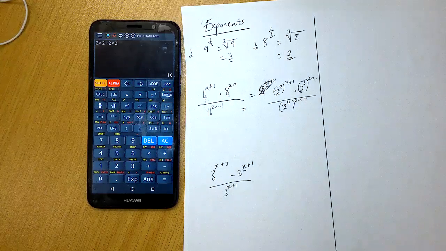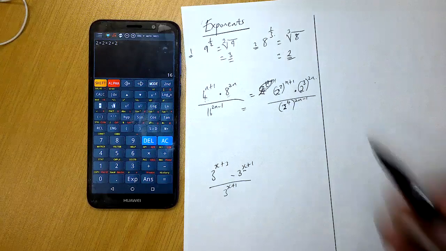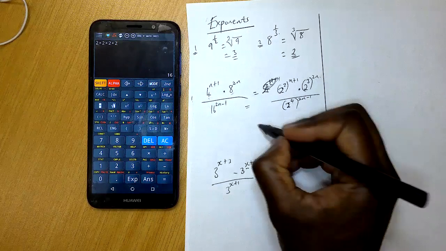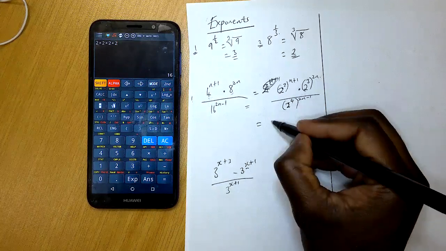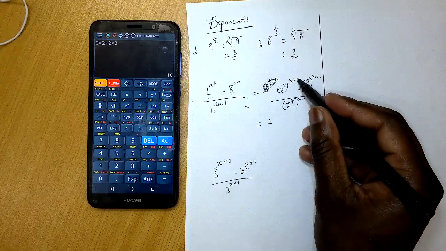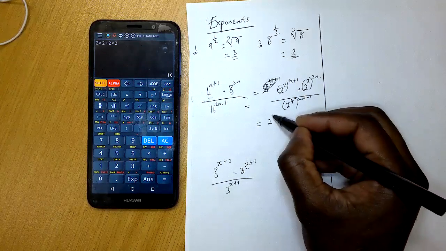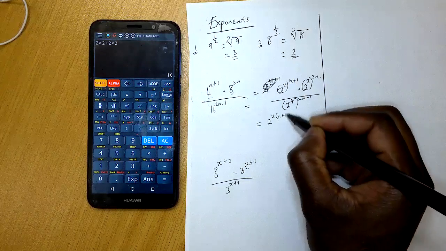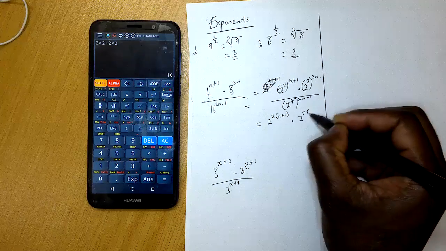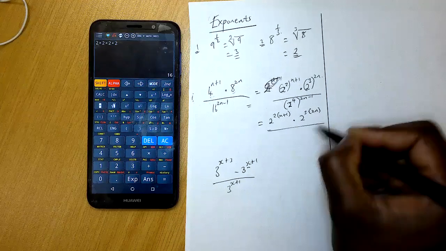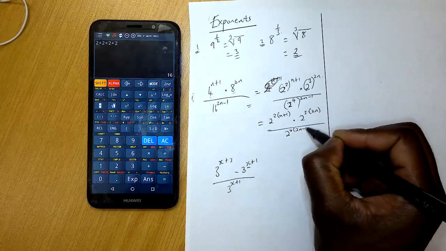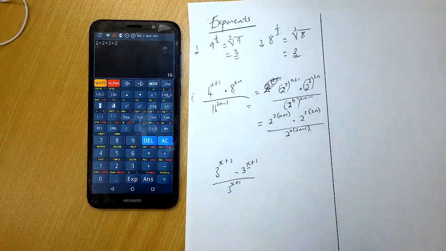So now what we will be having is that since you've got two bases of two, you just need to simplify there. Since this one is supposed to multiply, it's going to be 2 to the power 2 n plus 1 times 2 to the power 3 times 2n over 2 to the power 4 times n minus 1. Okay, that's what we have there.